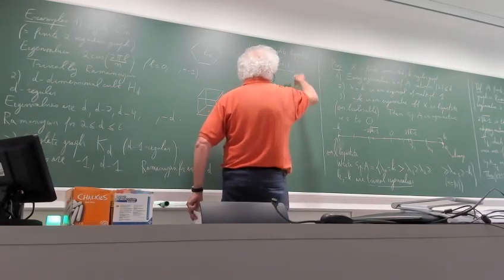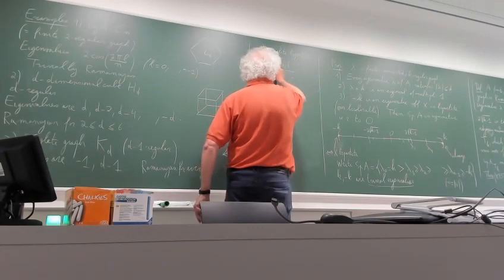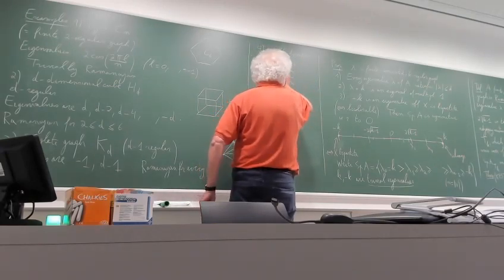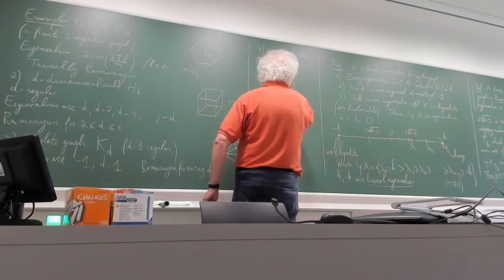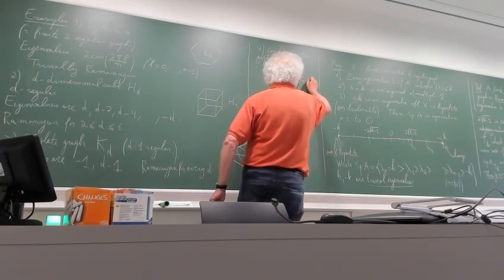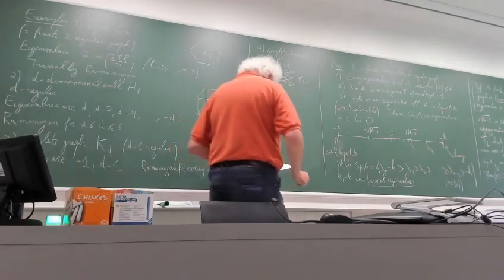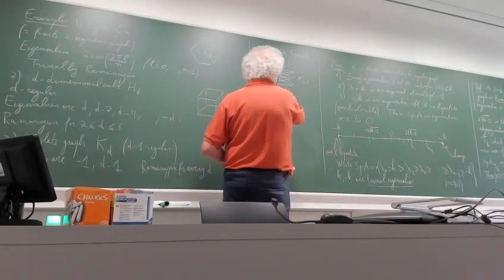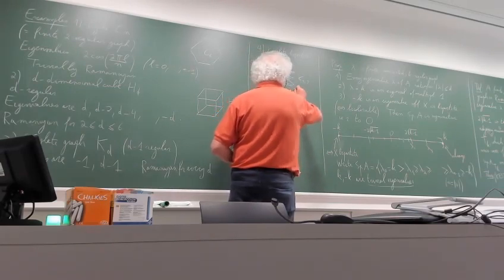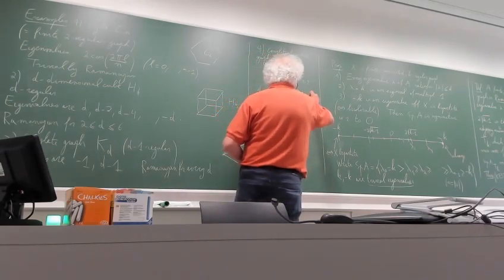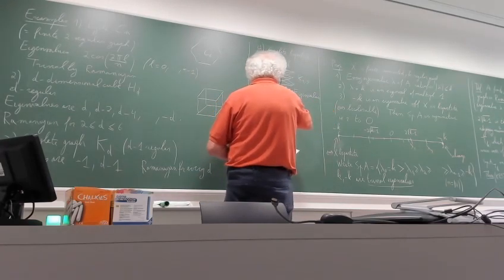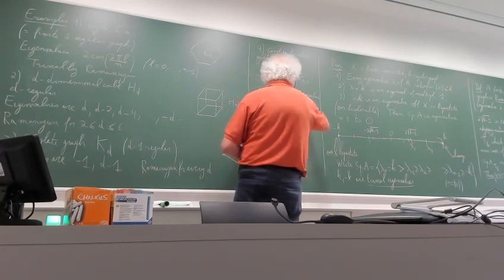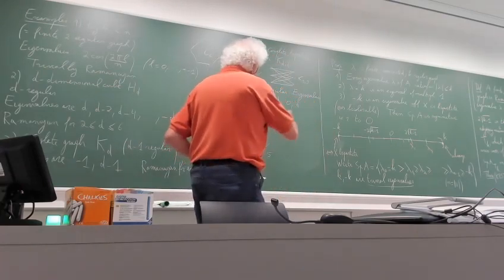Every vertex on the left is joined to every vertex on the right. That would be K_{3,3}. And this one is d-regular, and the eigenvalues are minus d, 0, and d. And again, it's Ramanujan for every d.